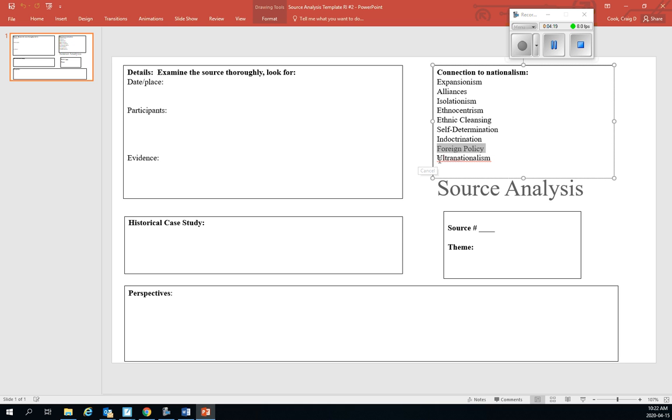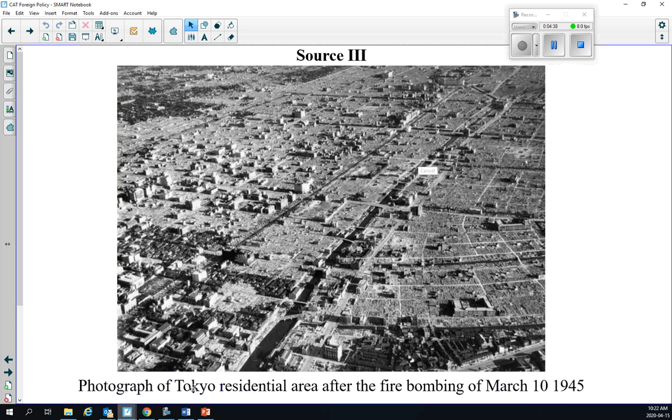And you might say that ultranationalism is what drew America into the war as they fought back against Japanese expansionism. Maybe a better way of saying it is that ultranationalism led to Japanese expansionism, which in some ways forced America to do what they thought was the way they were going to win that war, and that was firebombing civilian populations.